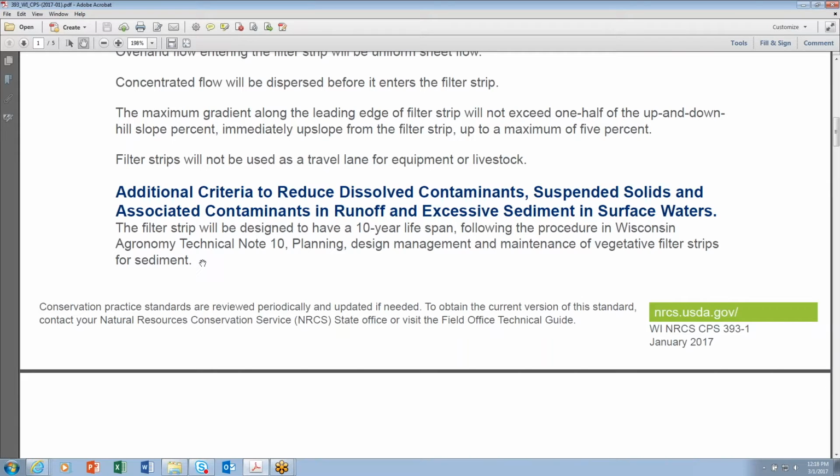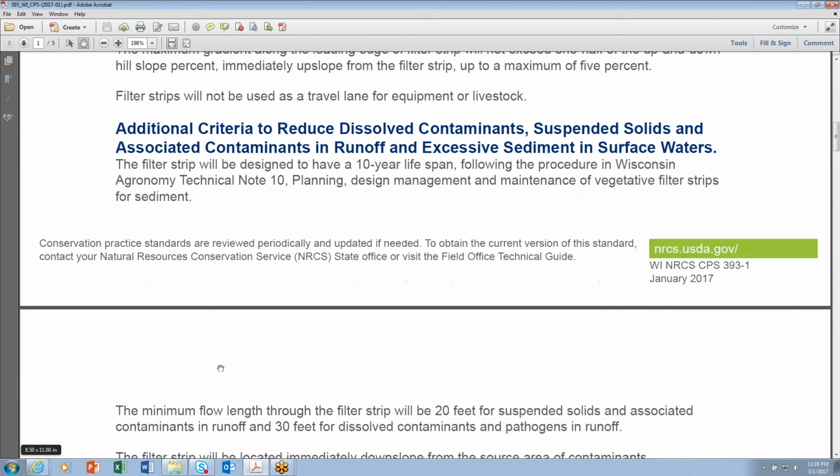As long as you're meeting your criteria on your treated uplands, it will tell you how to calculate to make sure you last the 10 years, and it will also tell you some other things to make sure that you're not using minimum widths, you're using maximums, or something in the middle that will function if you have additional challenges to that filter strip, and we'll talk a little bit more about that. So the tech note is there and ready for your use as well.